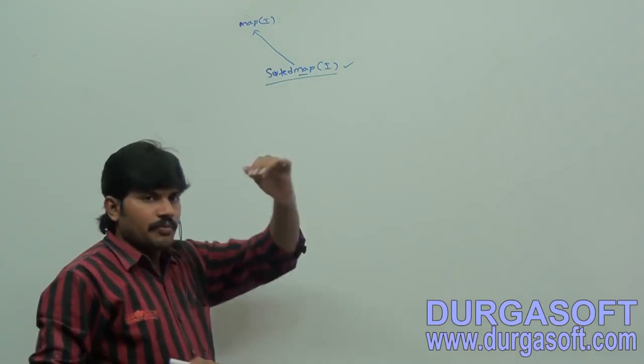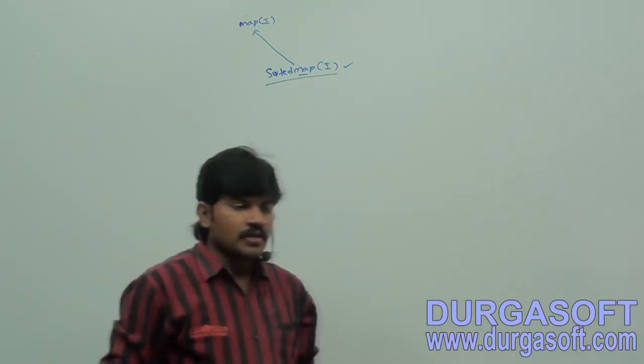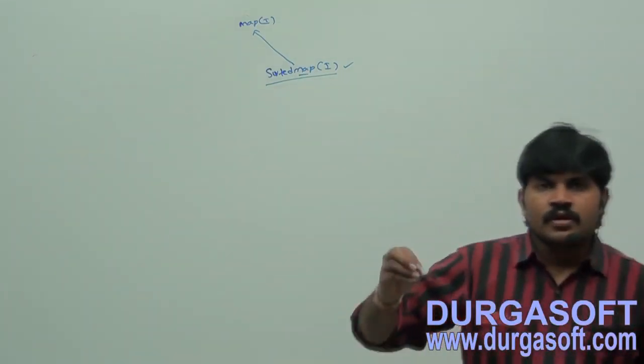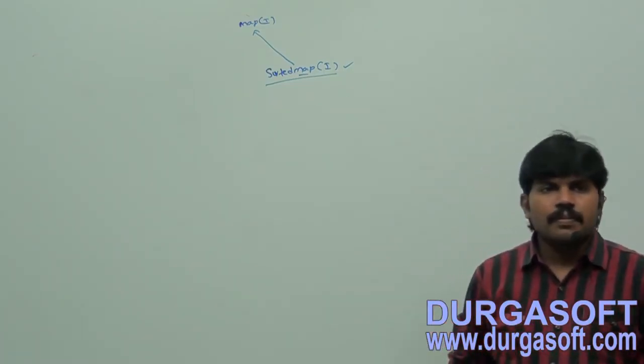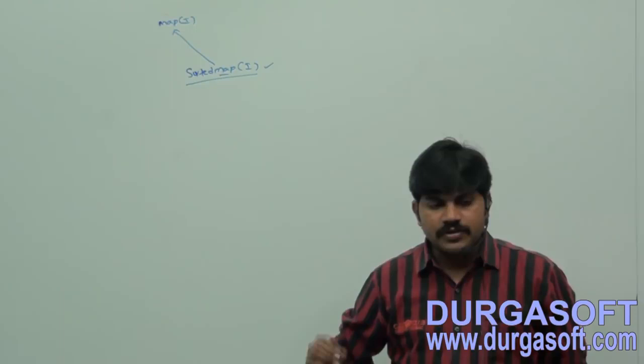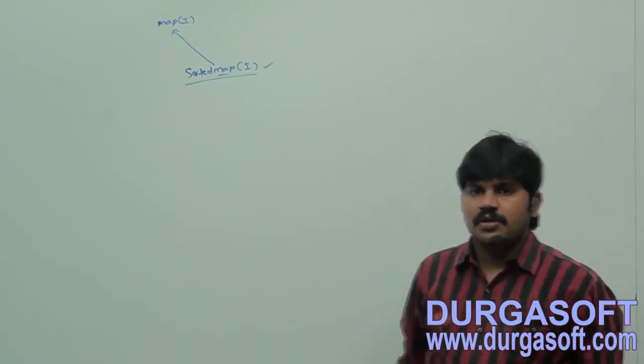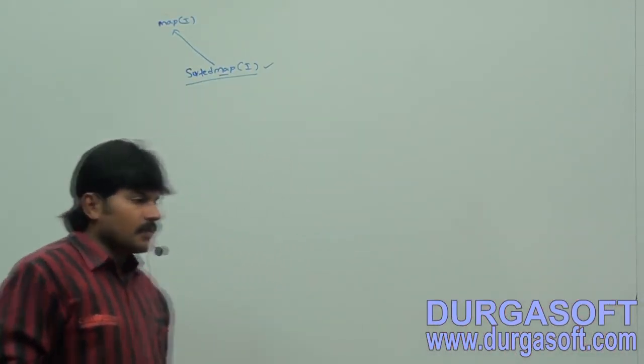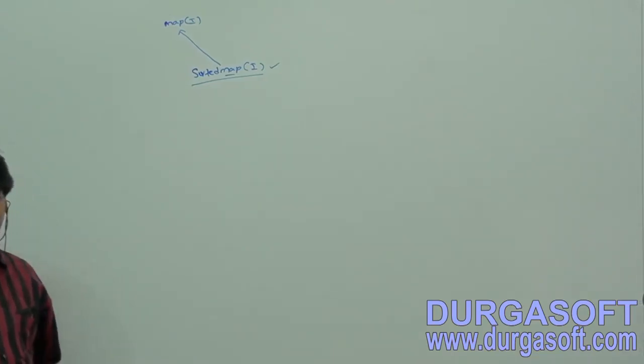Make sure you are aware at this point. Sorted map is the child interface of map.